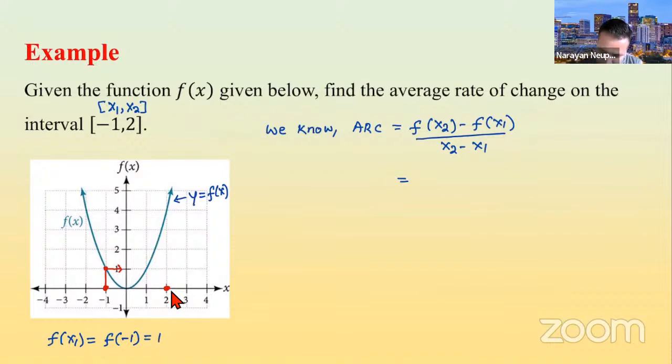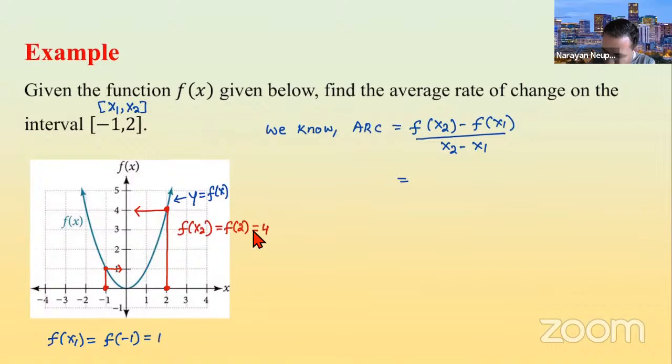Now, if you go to the function, that point is the point corresponding to 2 on the function. And if you look at the y value for that, it is 4. So f of x2 is f of 2, because x2 is 2, and the value of the function at 2 is 4. So this is equal to 4.